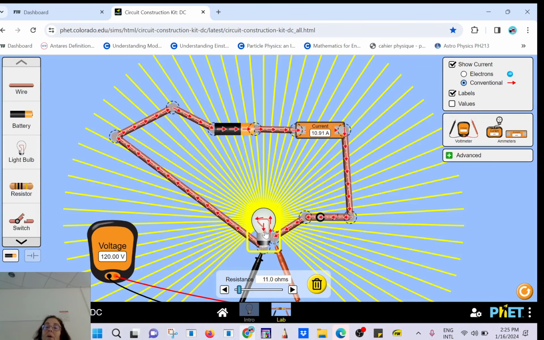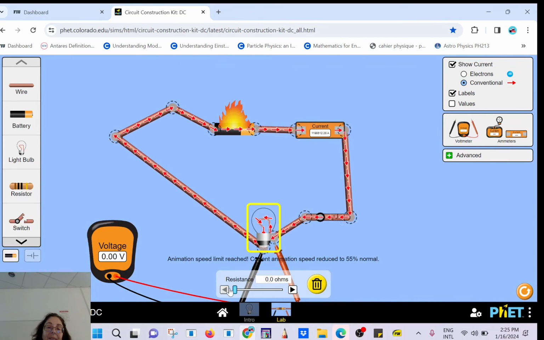So you're going to have more watts here because the resistance is smaller, right? If you have no resistance at all, that's what is called a short, and the current is infinite. It means no resistance, the current can flow faster, and you have too much energy delivered. Is that clear? Any questions?